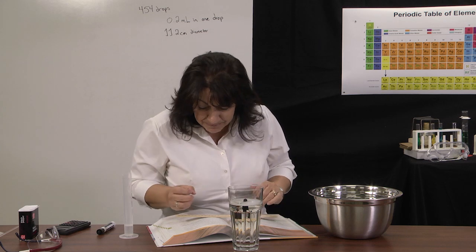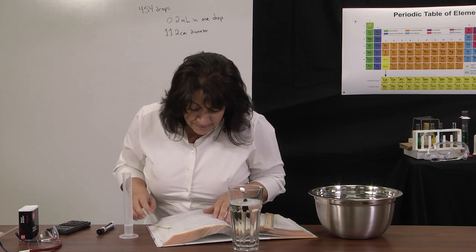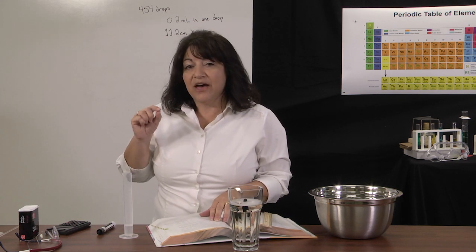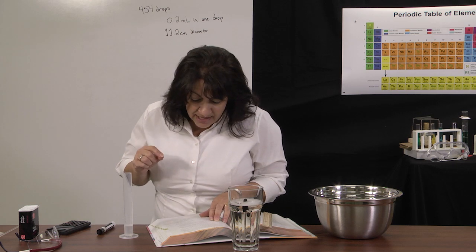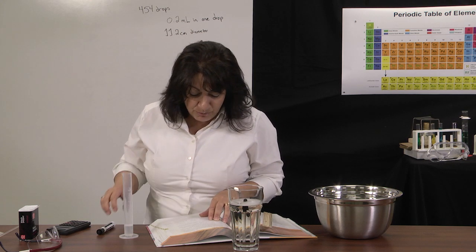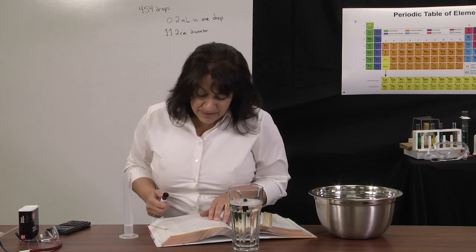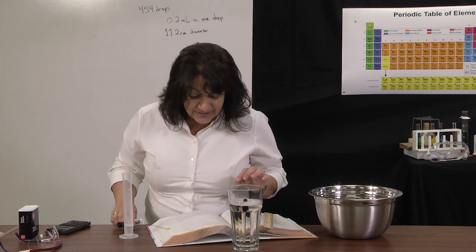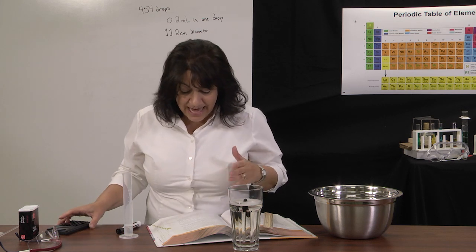And now that's going to give us some measurement that we can do to calculate the area of a single molecule. Okay, so to do this, we're going to take the volume of that one drop of soap liquid, and we're going to multiply that volume by the density of the liquid, which is 1.00 grams per milliliter. All right, and that's going to give us how many grams of the solution we added to the water.